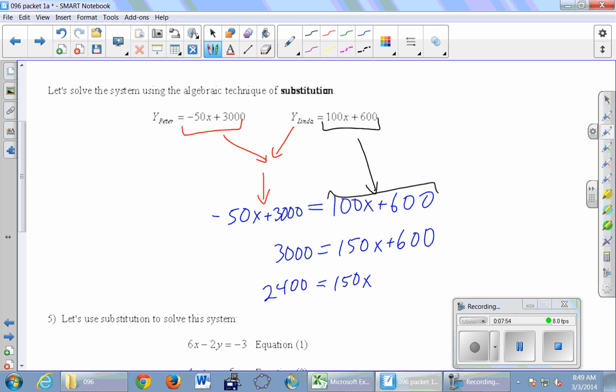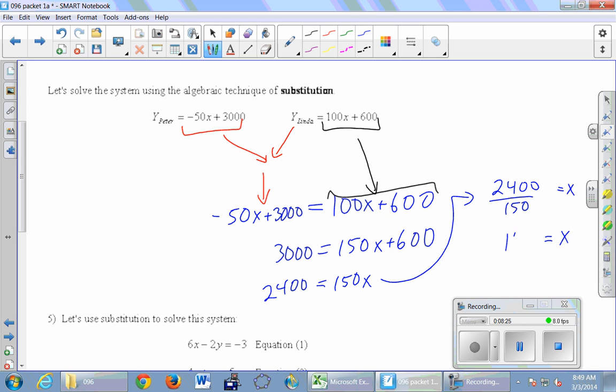Last step, how do we solve for x? What do we do to both sides? Okay, 2400 over 150. Either reduce or type into your calculator. Somebody tell us what we get.